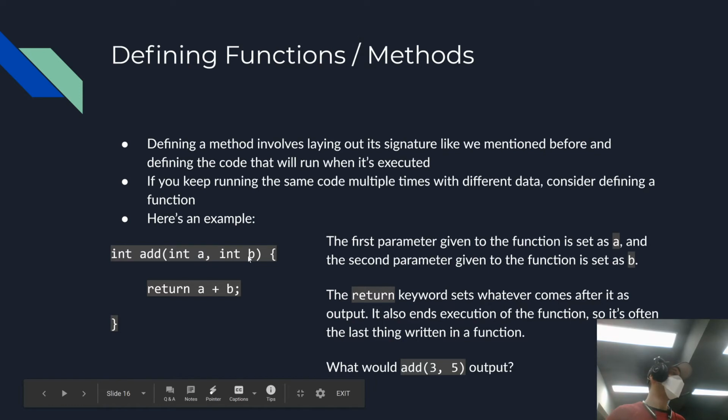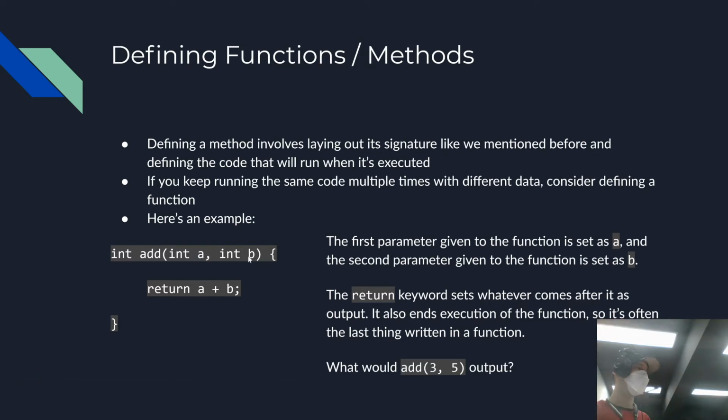A and b effectively become variables. Okay, these inputs act like variables. So later, if I call add and I set the first number to 1 and the second number to 2, a is going to equal 1 and b is going to equal 2. Does that make sense? So then if I called add with 1 and 2, what would my output be? Kind of skipping ahead here, but you can guess.